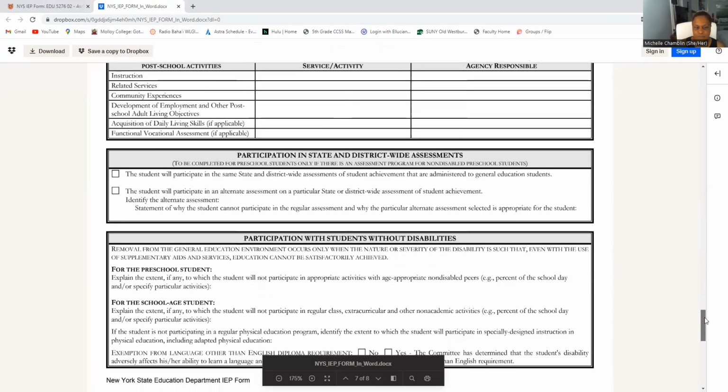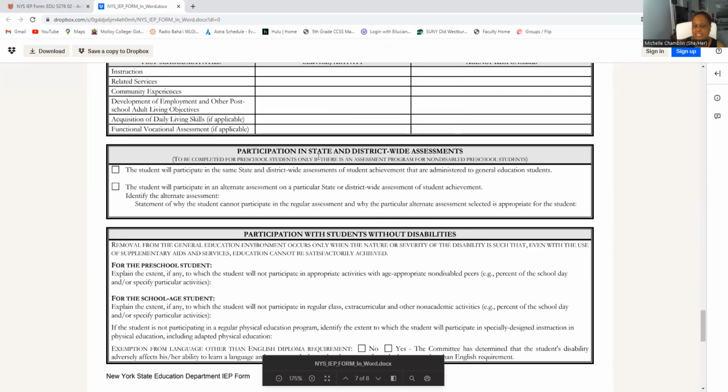Next, we have the question, participating in state and district-wide assessment. So here we have to put down if the student will or will not participate in state and district assessments. So let's look here. The student will participate in the same state and district-wide assessments of student achievement that are administered to general education students.